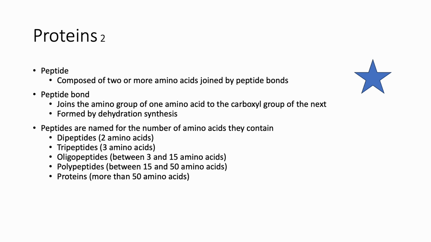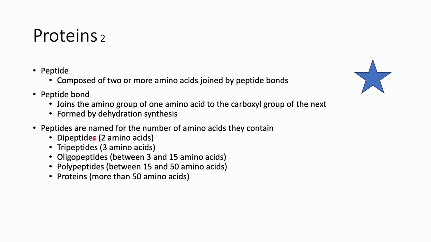If we have 2 amino acids coming together, they will form a bond called a peptide bond. The formation of this peptide bond is a dehydration synthesis reaction.